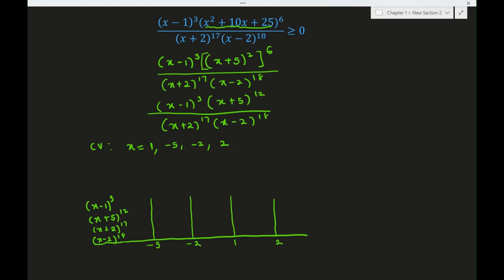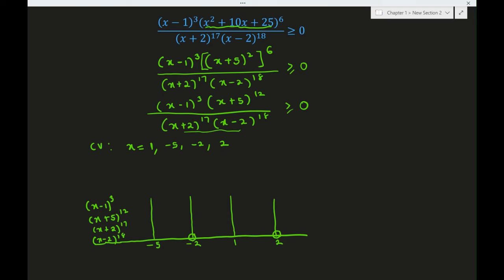Using this critical value method, remember here we have greater than or equal to 0. The zeros coming from the denominator, we usually leave them open. So you will open at 2 and open at minus 2, because they are coming from the denominator, and if you have 0 there, you divide by 0, which is undefined.